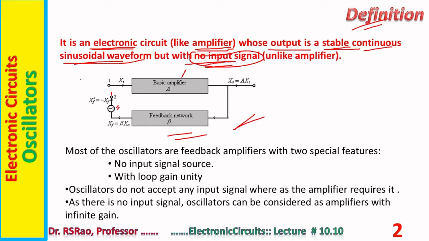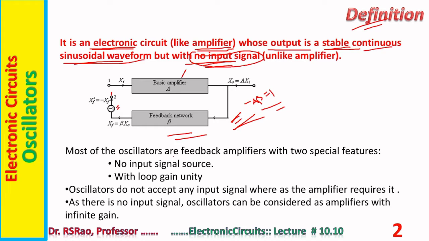There is no other input to the basic amplifier. Input to the amplifier is the output of the feedback network multiplied by -1. Of course, for this configuration to act as an oscillator, loop gain minus A beta should be arranged to be equal to 1.